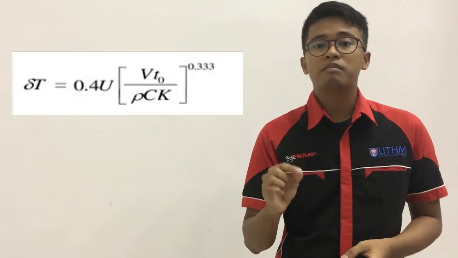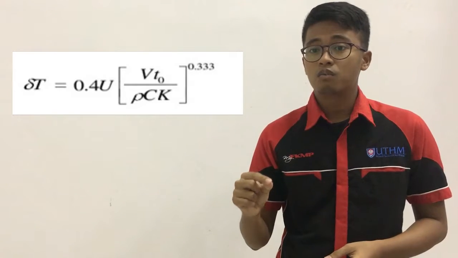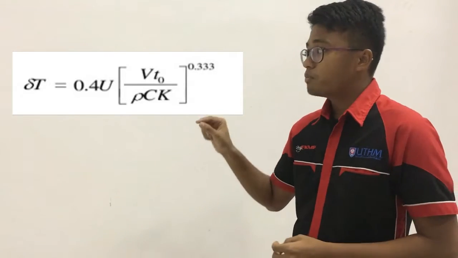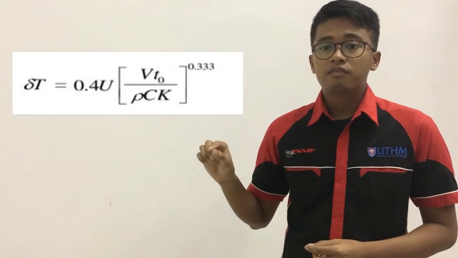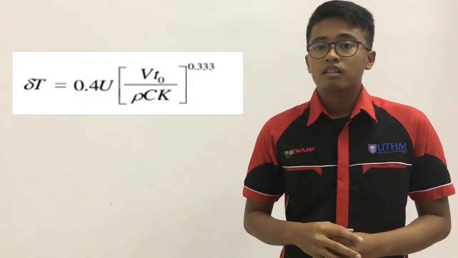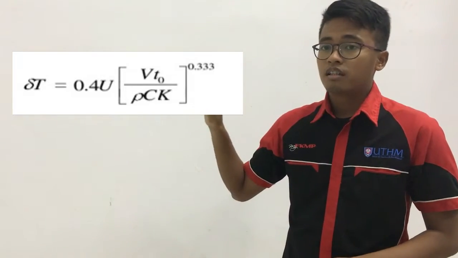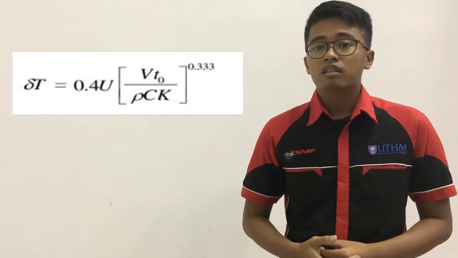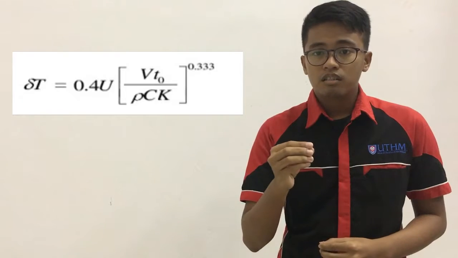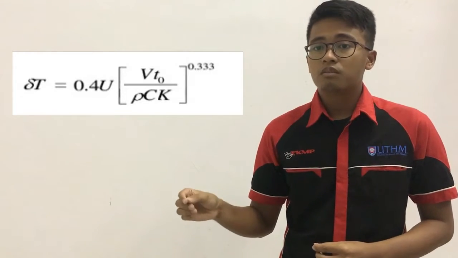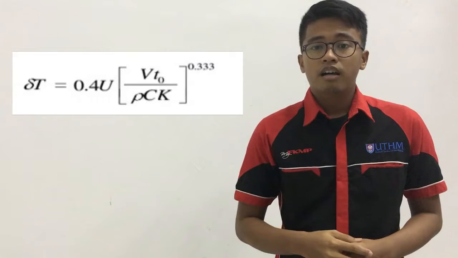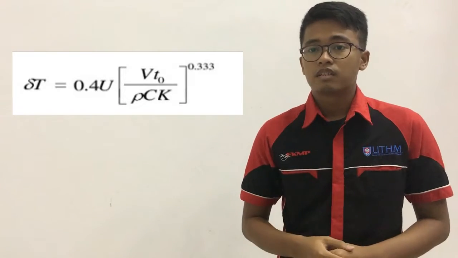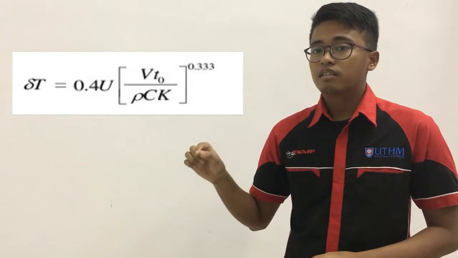Delta T is the mean temperature rise at the tool-chip interface, whose unit is Kelvin, equal to 0.4 U, where U is the specific energy in the operation, times velocity, times thickness, divided by the constant of the material, which is the volumetric specific heat of the work material, delta rho C, and K is the thermal diffusivity of the work material, and times 0.333.